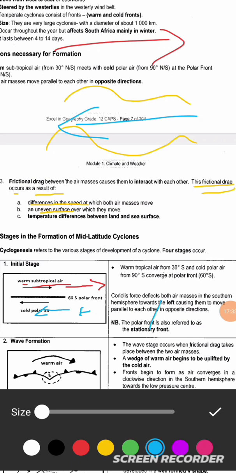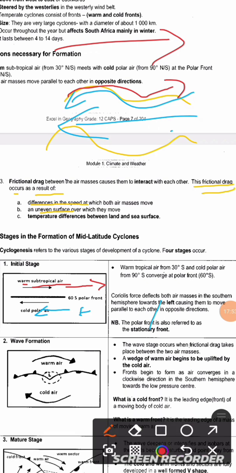Just because of this surface, cold air and warm air will deflect, which causes frictional drag. Frictional drag causes what? A mid-latitude cyclone. Then there are temperature differences over the land and the sea surface.